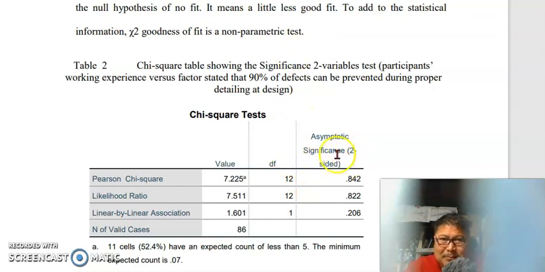So we use this SPSS and table out the chi-square test, and it shows here the significance test of the participants' working experience and 90% defects during this detailing design. So the results indicate that it is quite a significant variable to be tested. I mean, it's kind of valid.